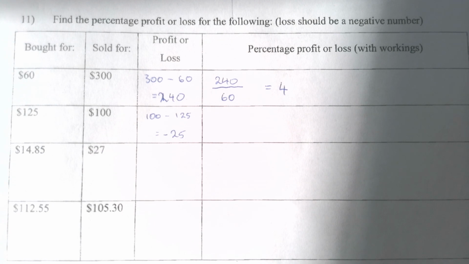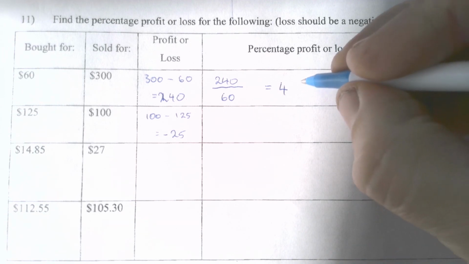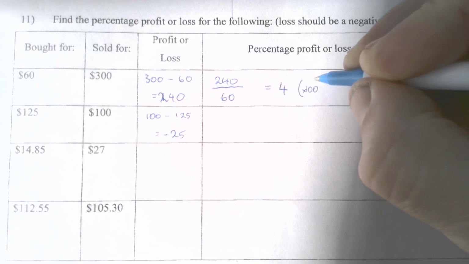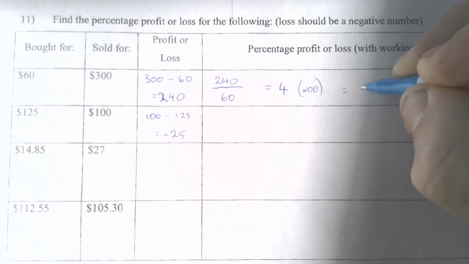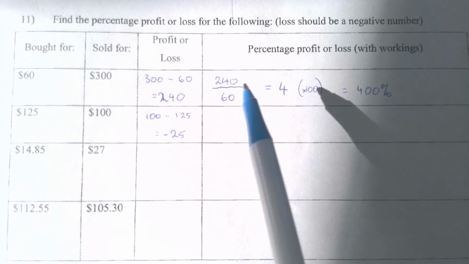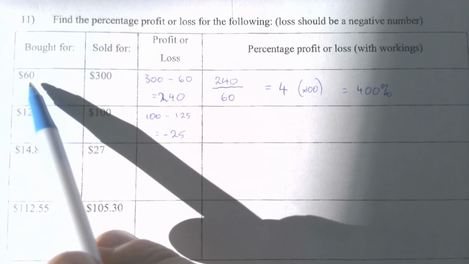That means that it's increased fourfold or 4 times what it was. But when you go to put that into a percentage, you need to multiply that by 100. Okay, so it has undergone a 400% increase. It is now 4 times bigger than the original, or 400% of this original 60.